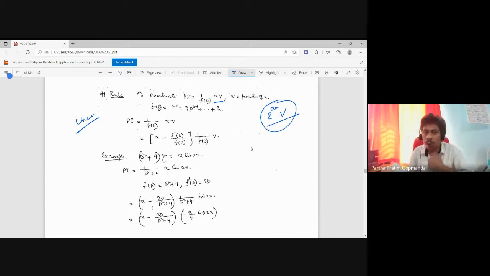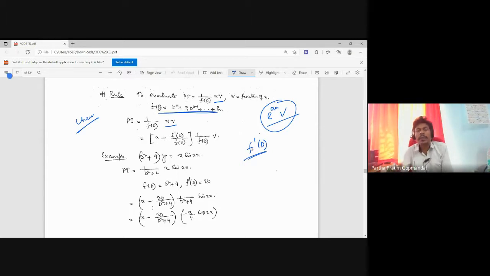The problem is the same, 1 by f(D), you have to operate that on xv. It will give you back this formula: x minus f dash D by f(D), again 1 by f(D) v, where f dash D, treat this as just a function of D, just find f dash D.